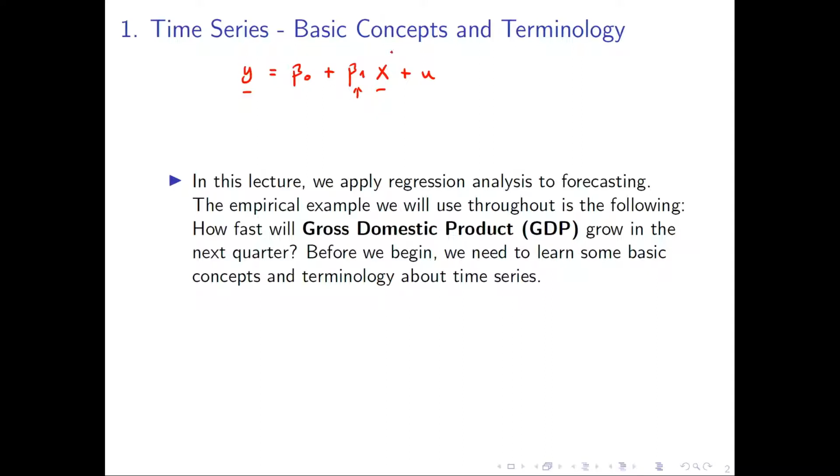So if x changes by, for example, 1 unit, then we would expect a beta 1 unit change in the y variable.